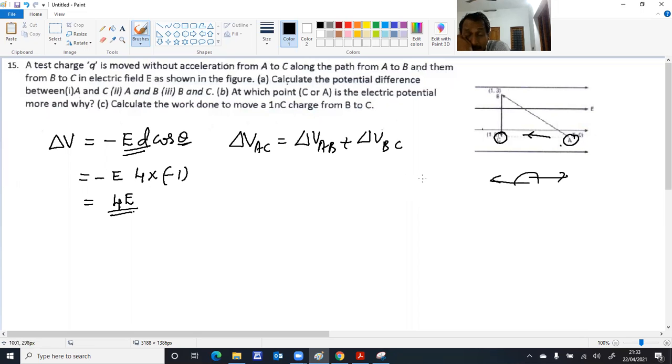But for B to C, what's the angle? 90, so this will be 0.